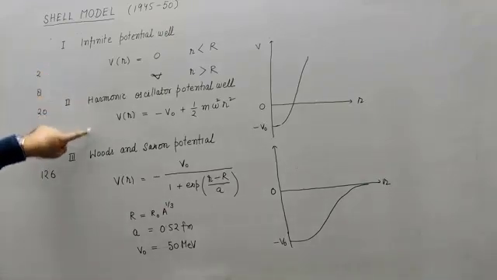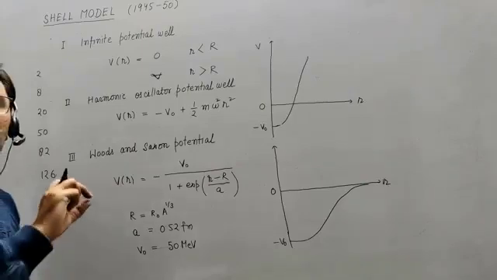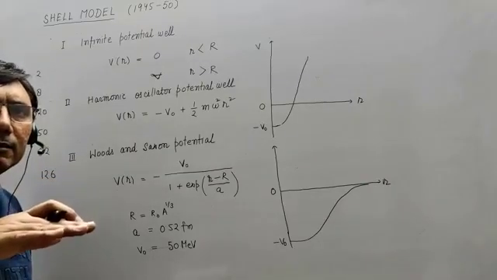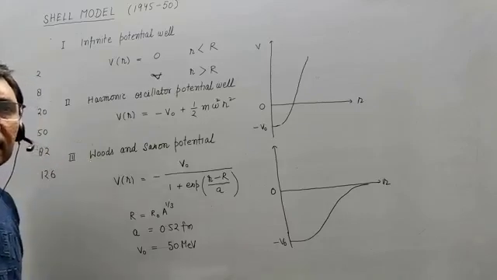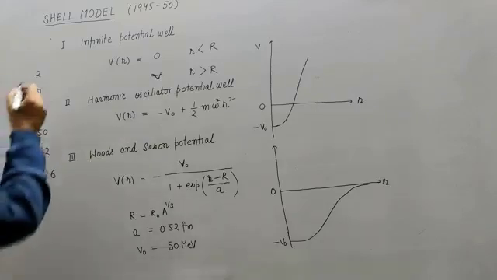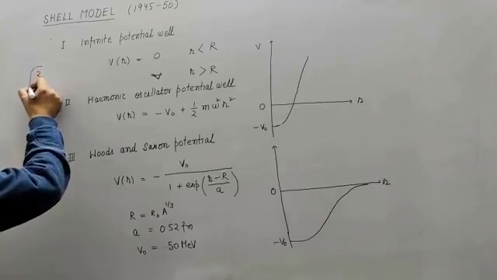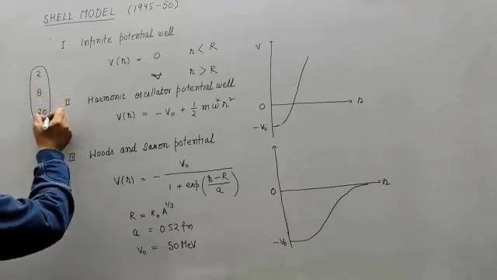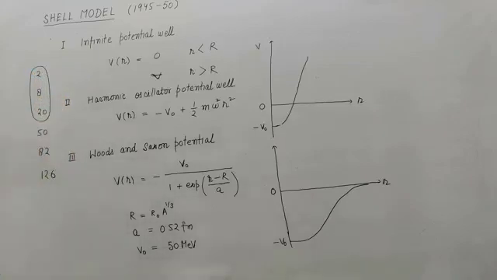These are the six magic numbers. But when they substituted these three potentials inside the Schrodinger equation, found the energy eigenvalues and plotted the different shells, they were able to obtain only the first three magic numbers.